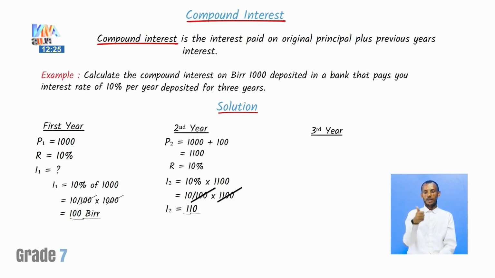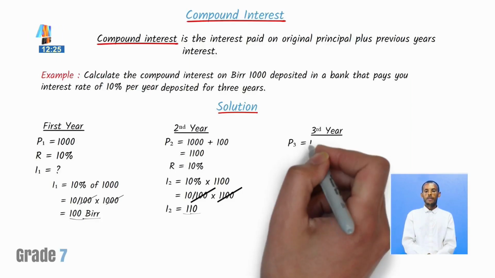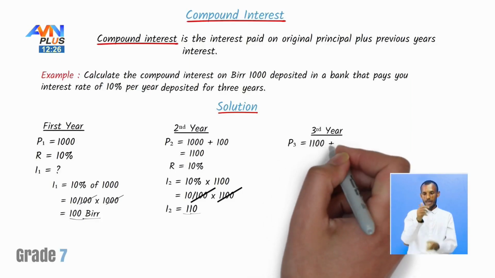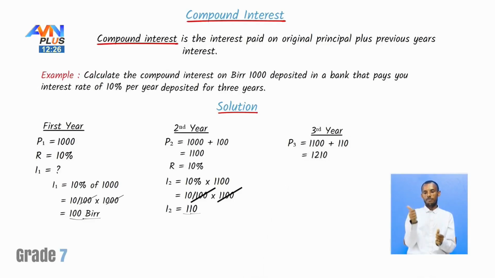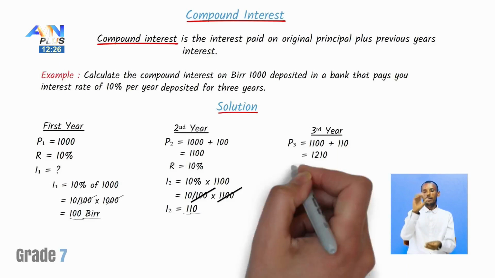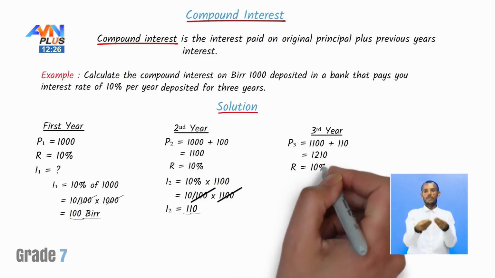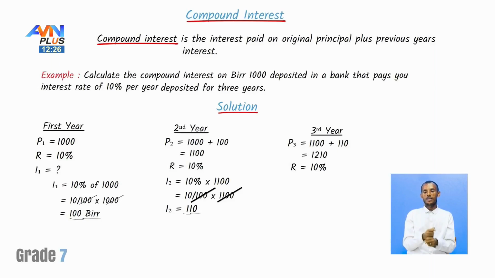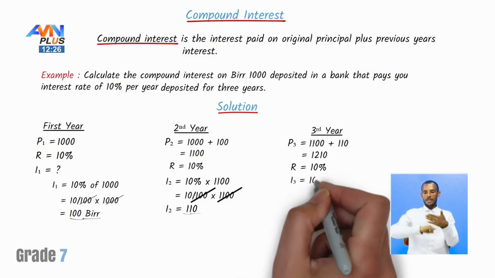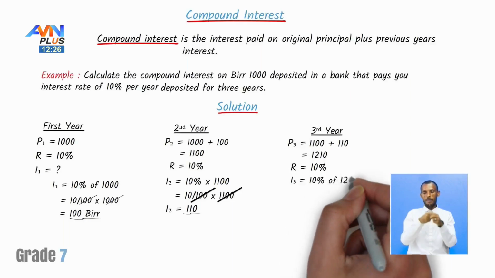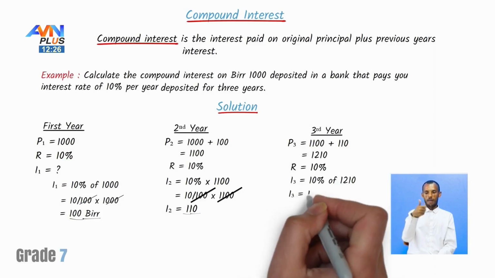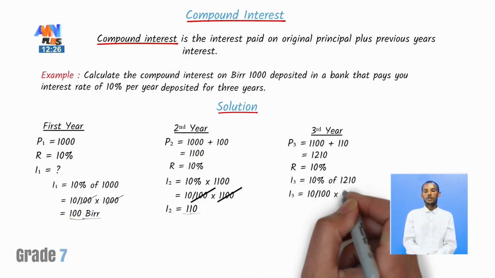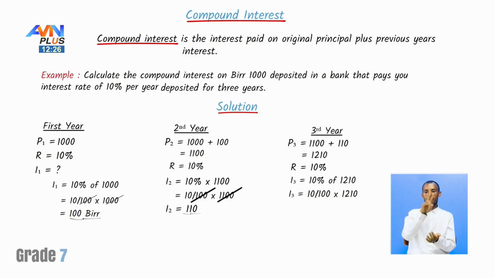Now let's proceed. For the third year, the money that gives you an interest is not only this one, 1,100. On this money, you have earned an interest of 110. Together, these two give you the principal for the third year, 1,100 plus 110, which is 1,210.